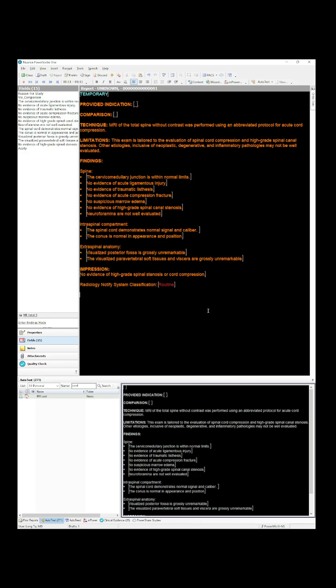I remember as a fellow seeing co-fellows spend half an hour, 45 minutes on some of these, where you really could be turning around two, three, four times faster if we spent less time talking about things that really aren't going to help the patient. So, something to consider, something to think about.